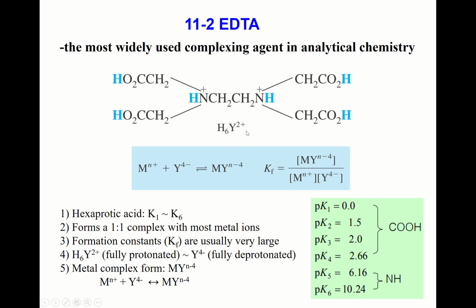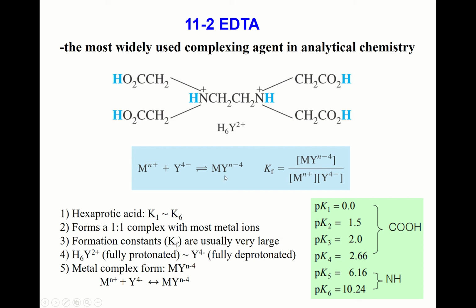So EDTA acts both as a complexing agent and as an acid, a hexaprotic acid. A maximum of six protons can be deprotonated from this structure. EDTA is now represented by its fully protonated form, H6Y2+.